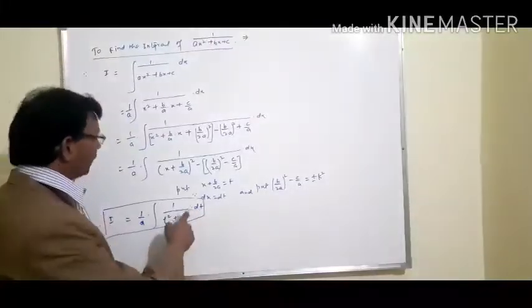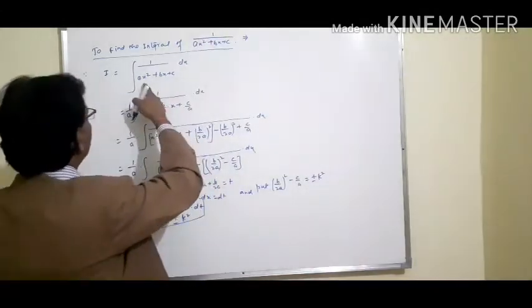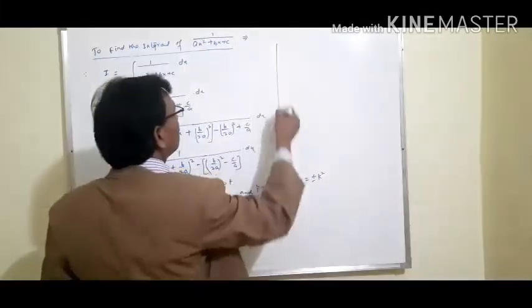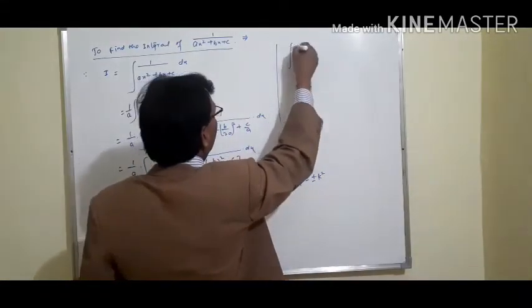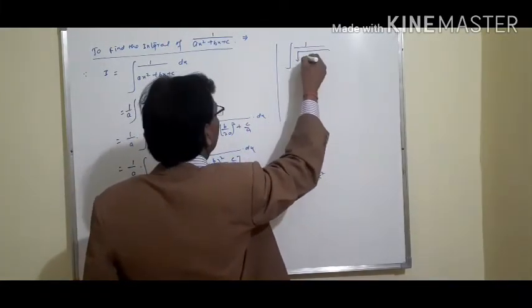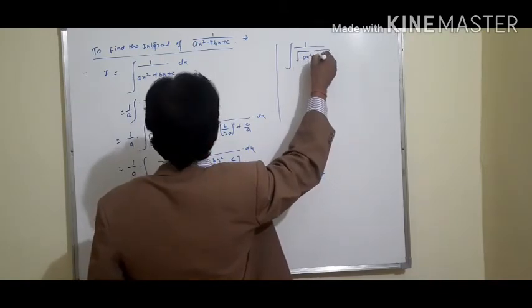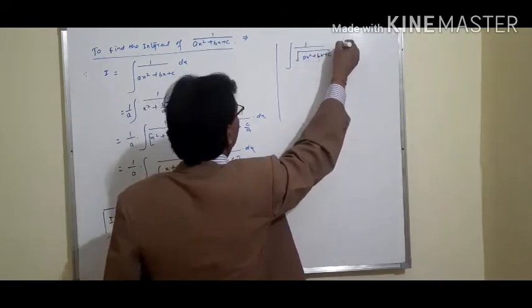In the same way, we can find the integration of another function, 1 upon root under ax square plus bx plus c into dx.